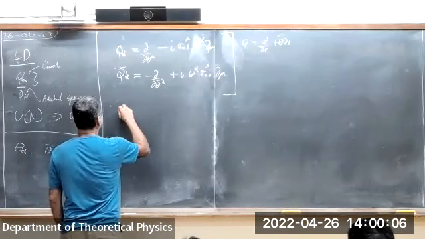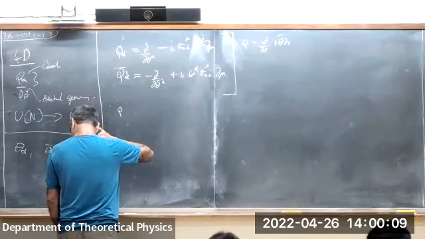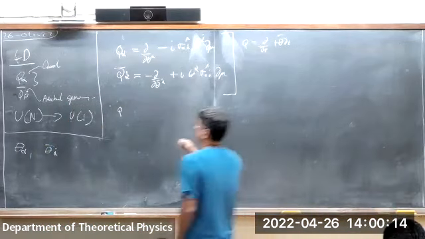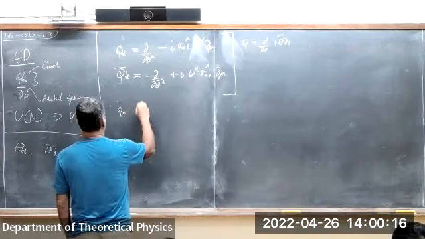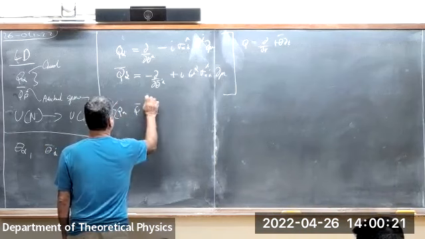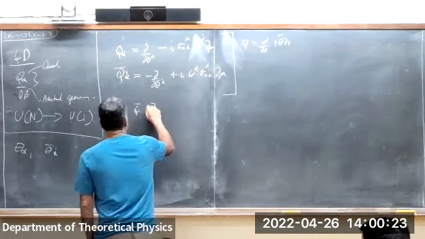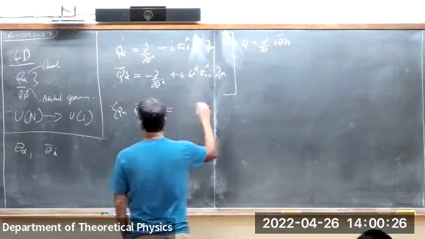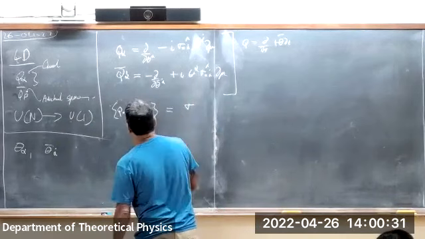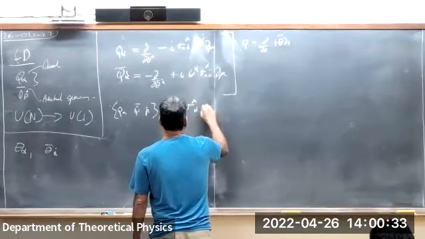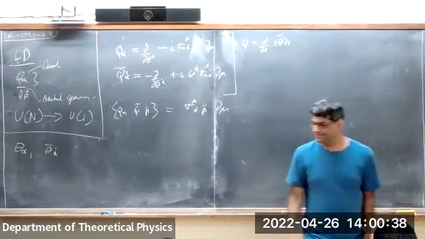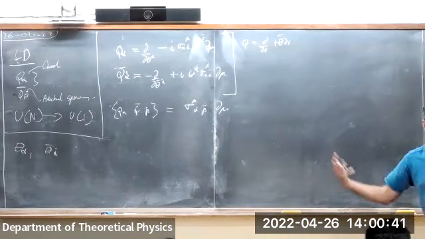The supersymmetry algebra was that the anti-commutator of Q alpha and Q bar beta dot is equal to basically P mu, sigma mu alpha beta dot, with some number here. This is the supersymmetry algebra we expect.